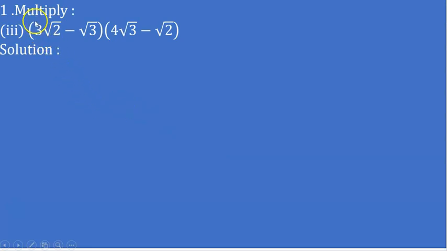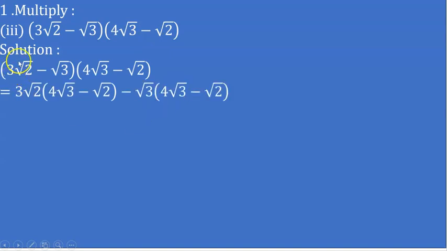Next multiplication. In first bracket 3 root 2 minus root 3 into next bracket 4 root 3 minus root 2. Now the multiplication: 3 root 2 into this whole bracket, that is 3 root 2 in bracket 4 root 3 minus root 2, minus again this minus root 3 into this whole bracket, minus root 3 into in bracket 4 root 3 minus root 2.